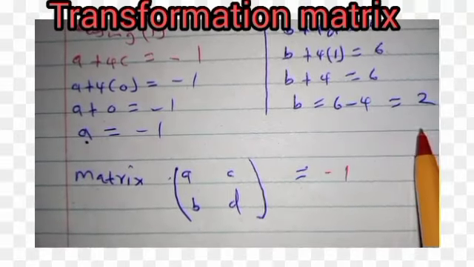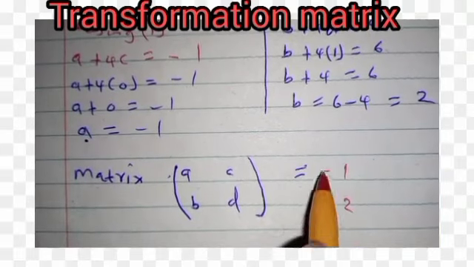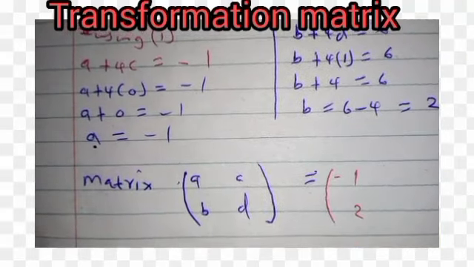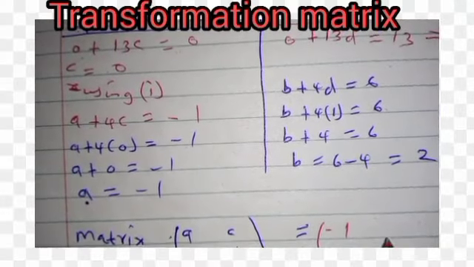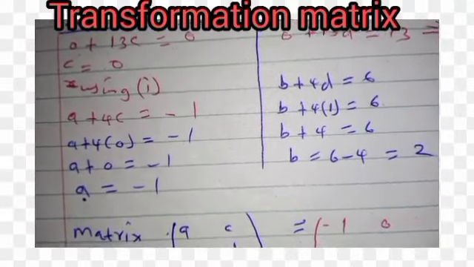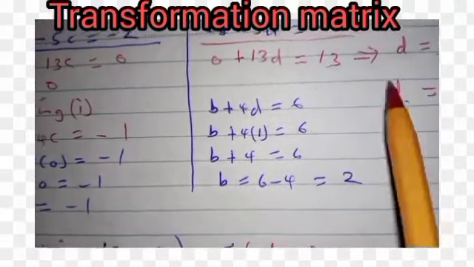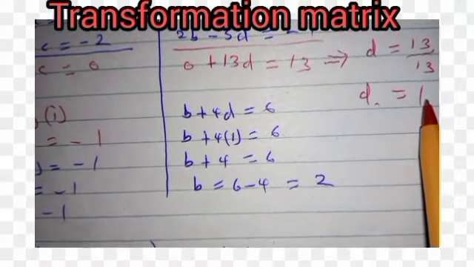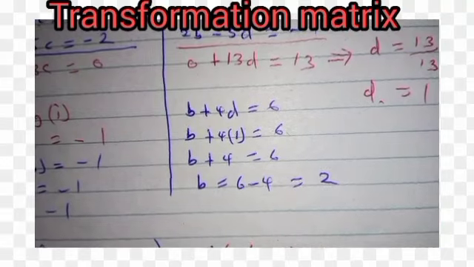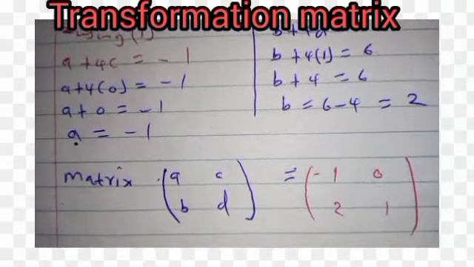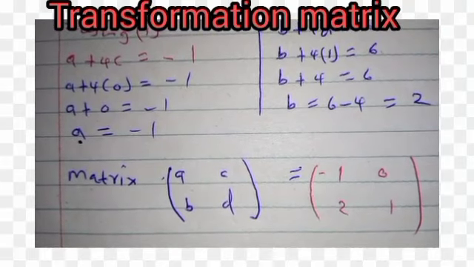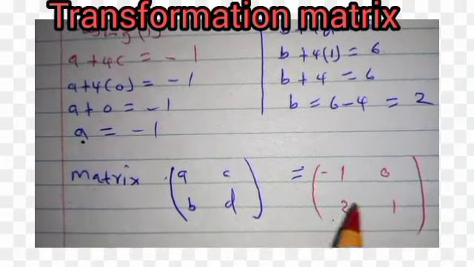Our B, we have found it here to be 2. Our C is 0, so you have 0. Our D we have found to be equal to 1. So that is our matrix of transformation, -1, 2, 0, 1.